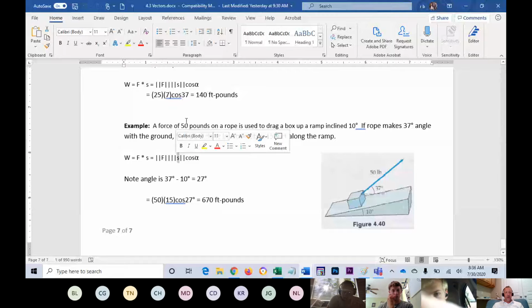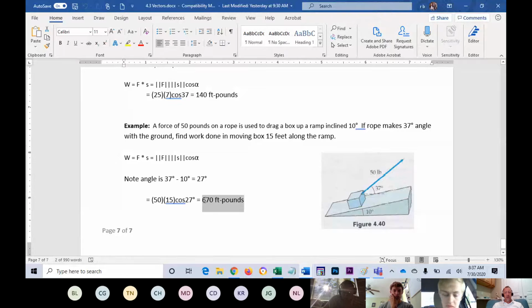So if you were moving 50 pounds 15 feet in a vertical direction, you would just multiply those two together, and that would be 650 foot-pounds. Because you've got the angle on there, the angle makes the work harder, and so you're going to need a little bit more force to move it up the ramp, which makes sense.